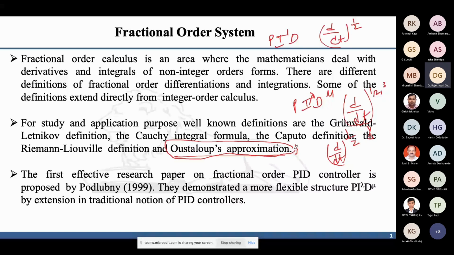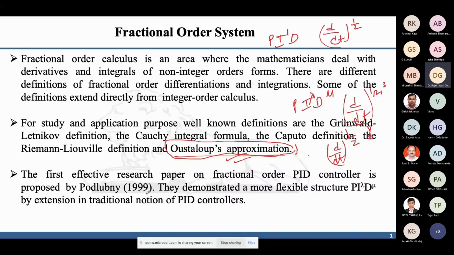If you are interested in d by dt to the power 1 by 2, then apply the Oustaloup recursive approximation technique. The first paper, I can say, was proposed by Podlubny around 1999, and they demonstrated this flexible structure.